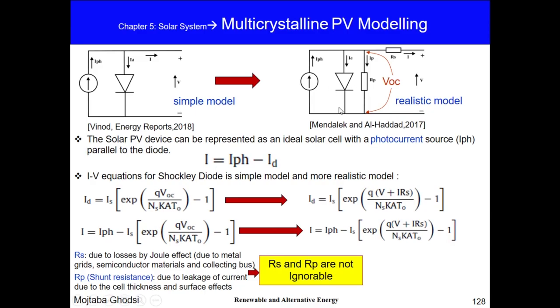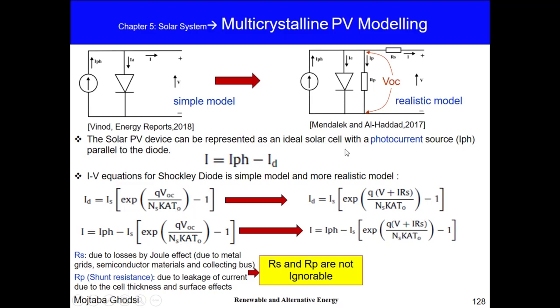Now, the point is that in our modeling, we would like to find out the relationship between the current and voltage. As we can find here, the IV equation for the Shockley diode is a simple model and a more realistic model. ID is equal to IS times exponential of QVOC divided by NS K A T0, minus 1.